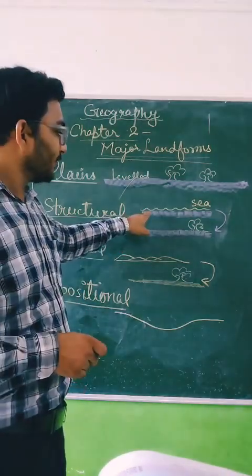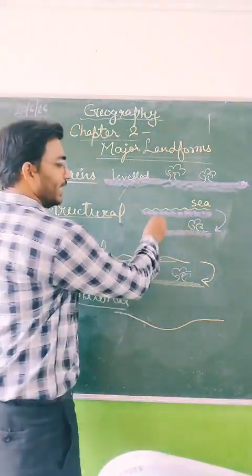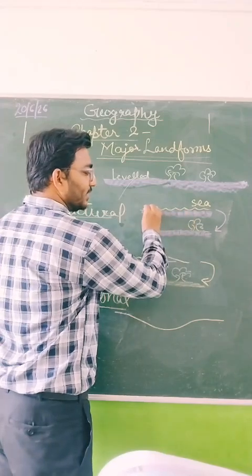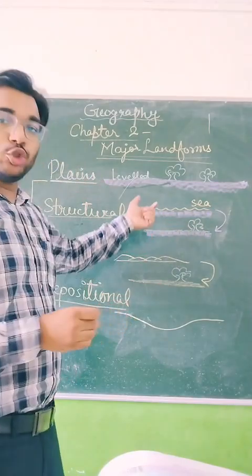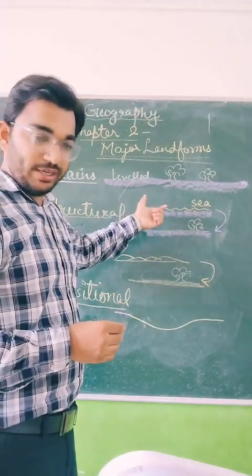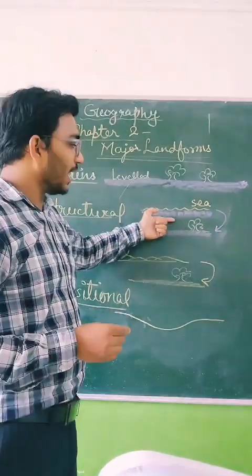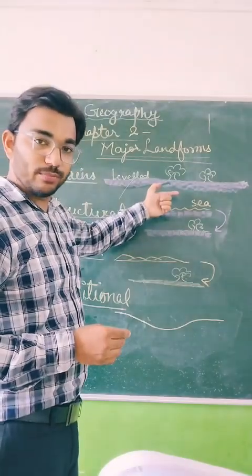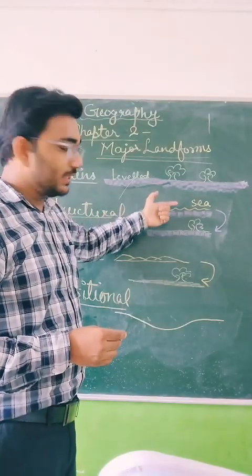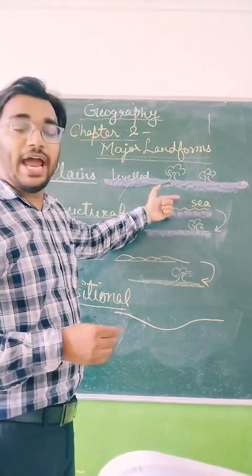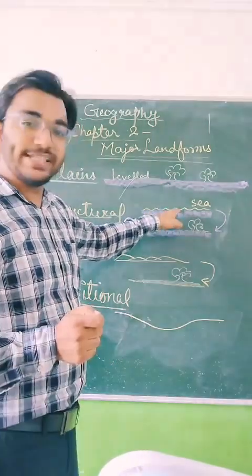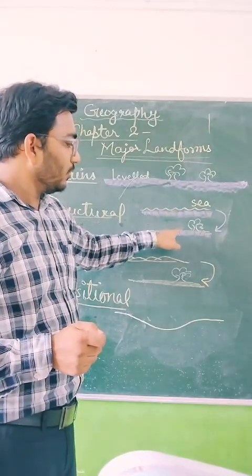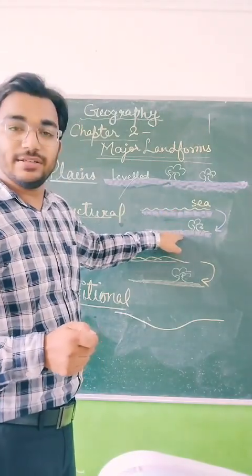Consider this is a plain area. Previously this was submerged in the sea, and due to tectonic plate movement this region was uplifted from the original place. Due to upliftment the sea dries up and the remaining part is a plain.